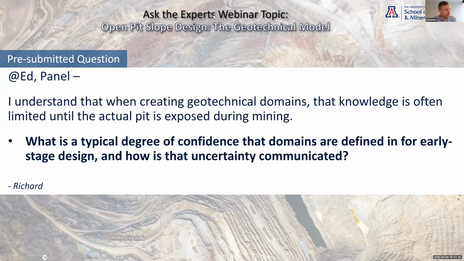Whereas if you're in a fairly difficult deposit with lots of alteration, etc., I think no matter how much data you have, you're always going to have a lower level of confidence, even with lots of data, right? So it's probably an open-ended question, and I probably won't address it very well, but I guess there's always going to be uncertainty through the study phase. And if you can just relate that back to the deposit setting, you're going a long way to addressing that.